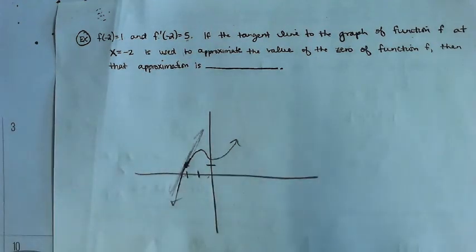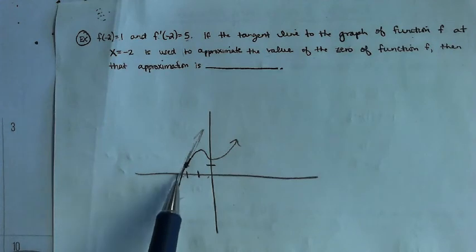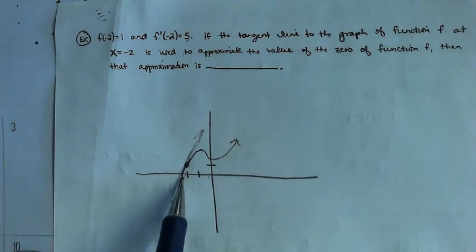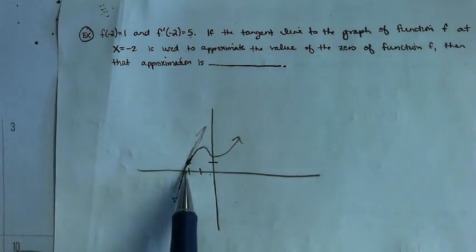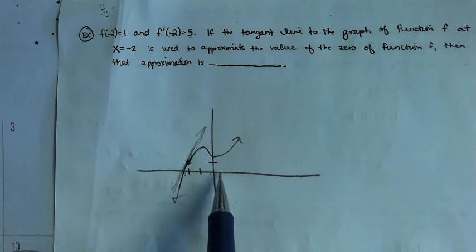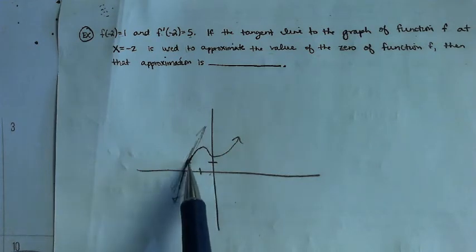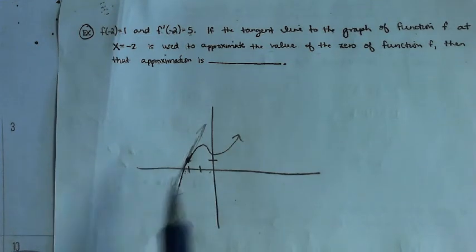Can you see that? That the 0 of the tangent line is pretty darn close to the 0 of your function? The reason they're so close is because the point negative 2, 1 is so close to the x-axis. Obviously, the closer your point is to the x-axis, the closer those two roots will be to each other. But at any rate, how can we find the 0 of the tangent line?